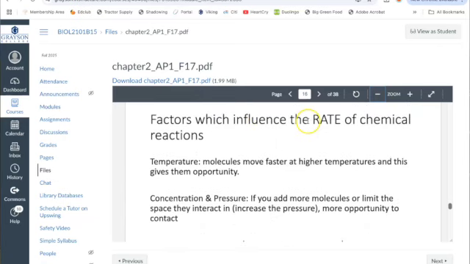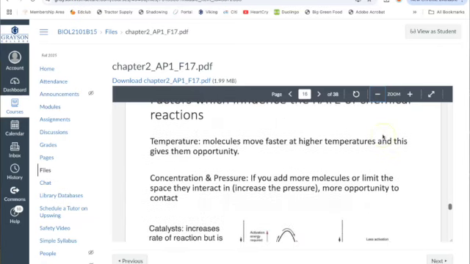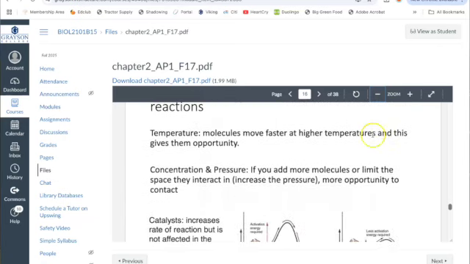Factors that affect the rate of chemical reaction. Told you the temperature could affect it. Usually a higher temperature means faster. Okay. And the amount of concentration it has. The more it has and the higher pressure, the more it's being squeezed, okay?